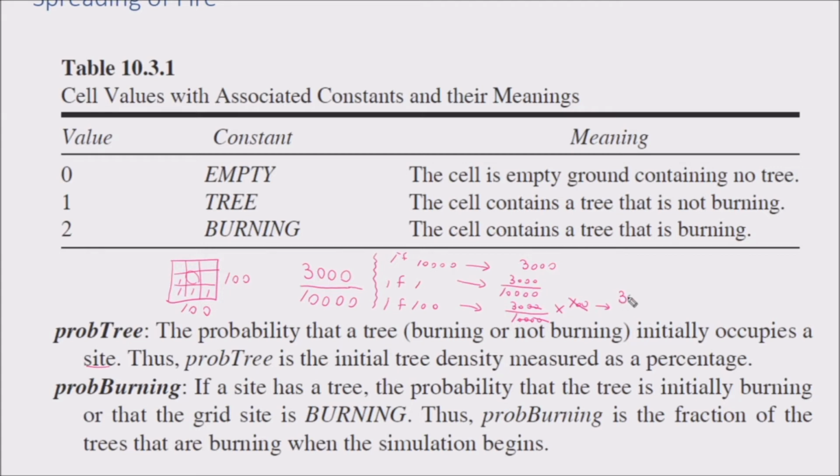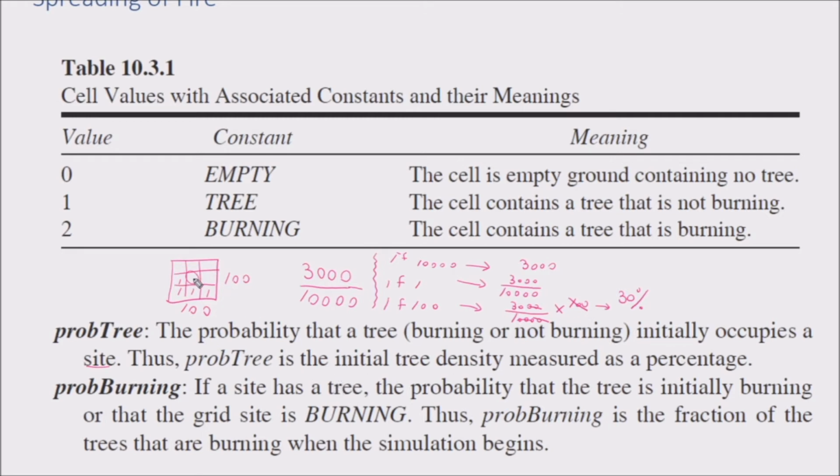That means 30% of my cells have trees in them. That's what density measured by percentage means. Out of this whole area, 30% is occupied by trees. So that is the probability of having a tree.